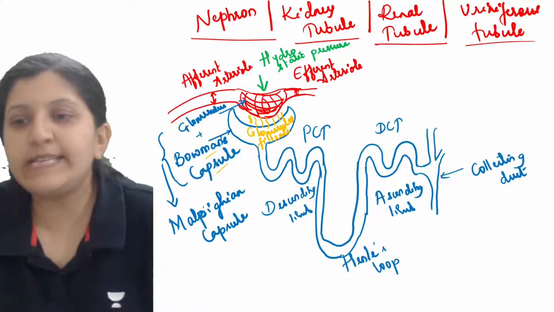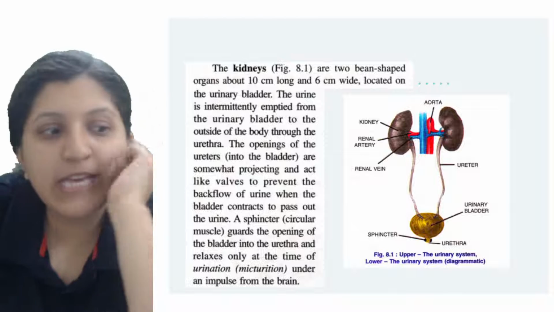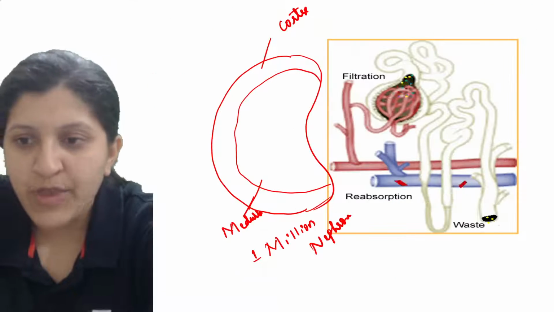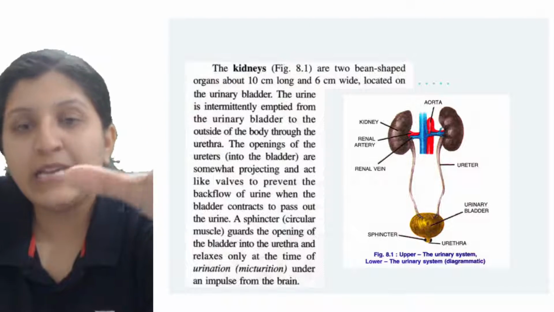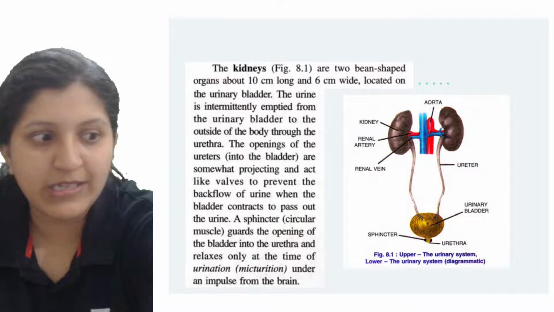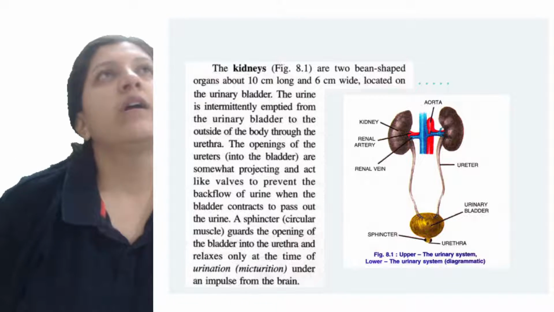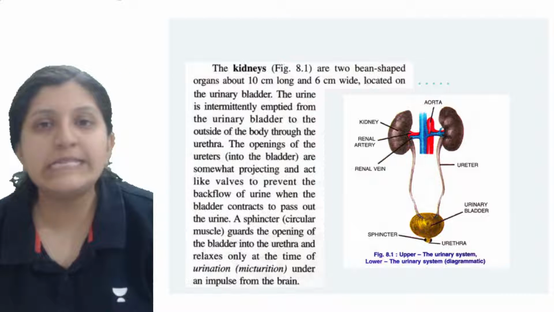Okay, so let's have a look at the one given in your book. Now you know the structure of the kidney tubule. Let's have a look at the kidney structure and how the arrangement is done, so that you will understand the location of this nephron inside the kidney.